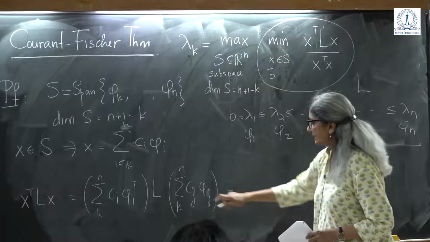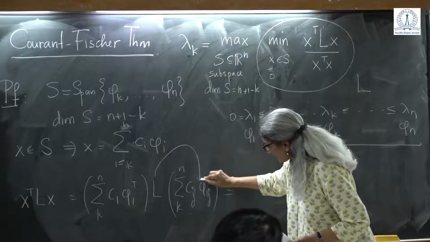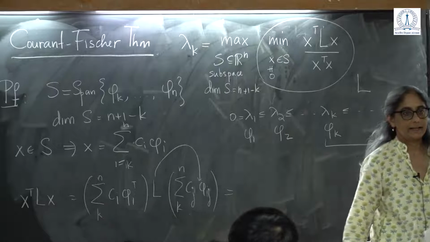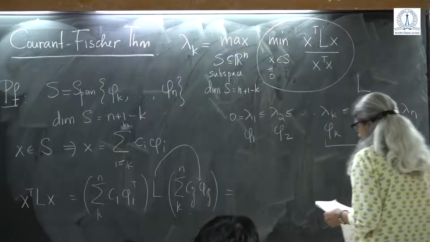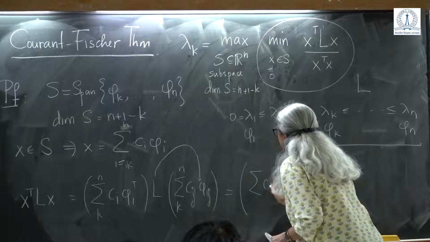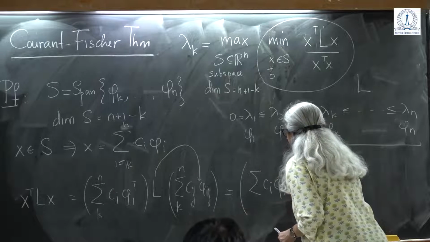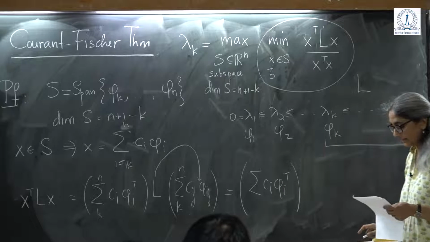So this L, I can bring and stick it next to this phi, right? And then L phi j is lambda j phi j. So that allows me to get rid of a little bit, okay? So this becomes equal to the sum of Ci phi i transpose. The first part is still there, let me not worry about the indices.